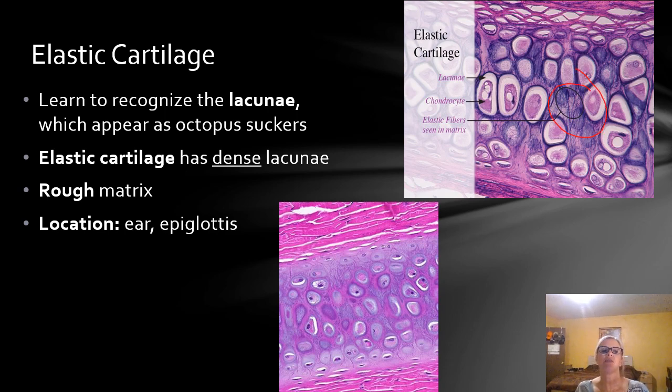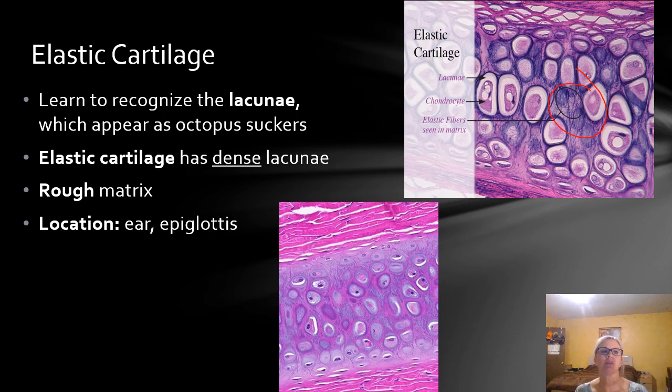You can see those elastic fibers that it contains, and they look a bit like scratches, okay? So E for elastic, you're going to find it in the ear and epiglottis. That's one way to remember it. So dense lacunae and a very rough looking matrix. It doesn't have a nice glassy appearance.